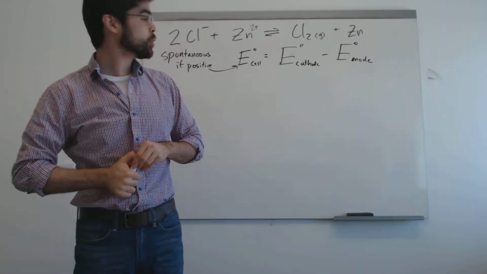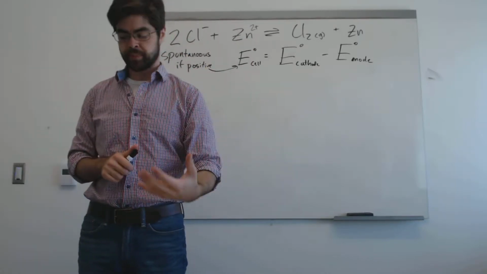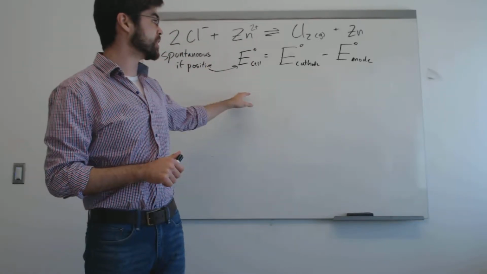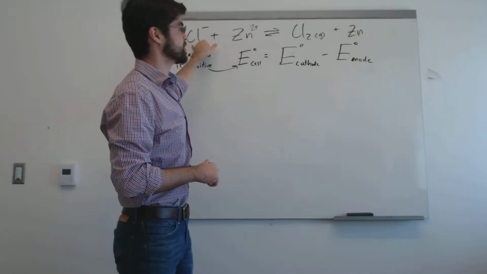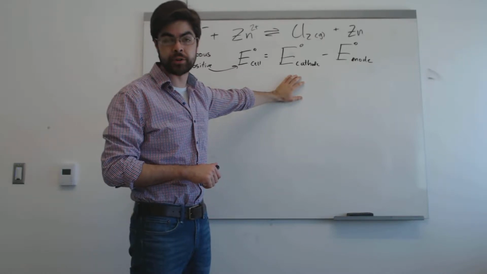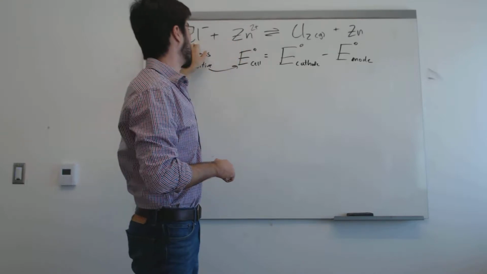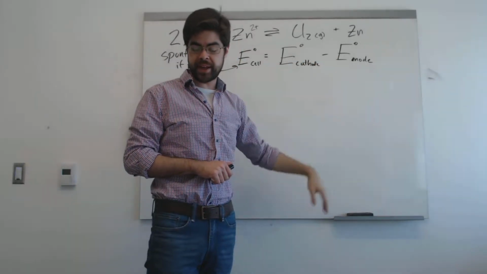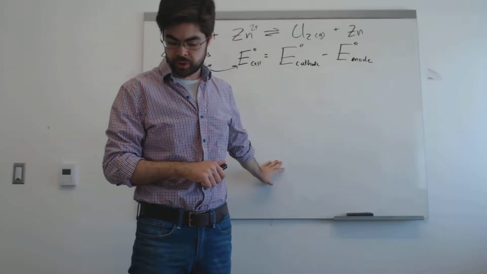If you want to decide whether a chemical reaction is favorable, if it's spontaneous, you need to identify which species is going to exist at the cathode, look up that species' standard reduction potential, figure out which species is going to act at the anode, look up that species' standard reduction potential, and then find the difference between the two of them.